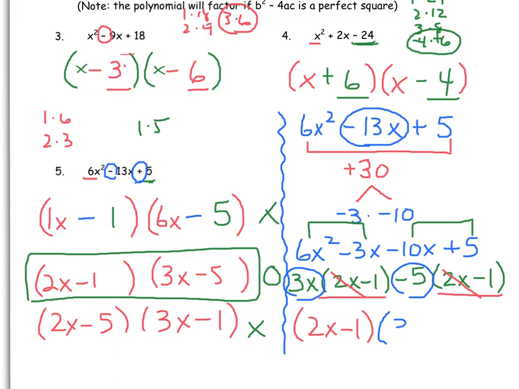This is the part that a lot of people forget to do. If you don't have your final answer with one parenthesis next to another parenthesis, you don't have it in a factored form. Right here is where some people leave it. They don't do that last step, so they're having that negative sign or that positive sign in between. Your final answer has to have parenthesis next to parenthesis, otherwise you do not have a product.